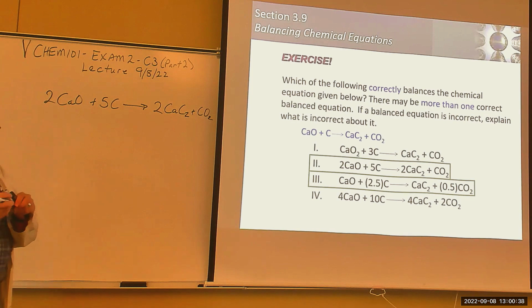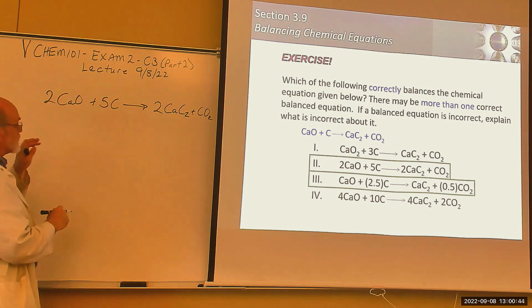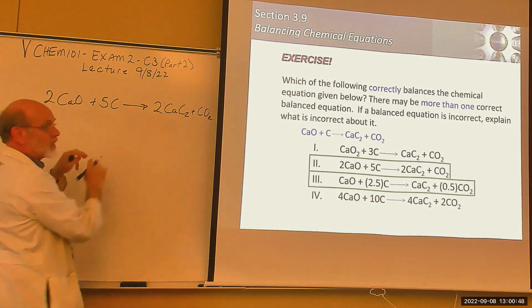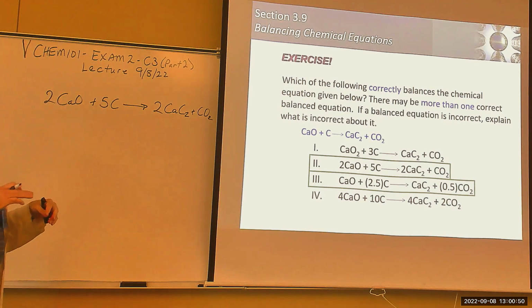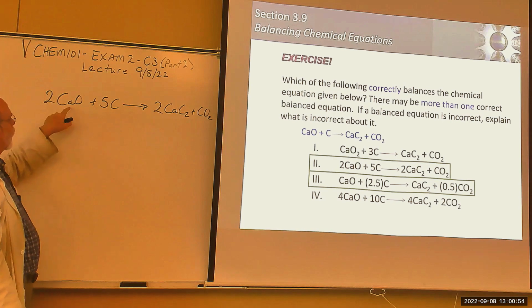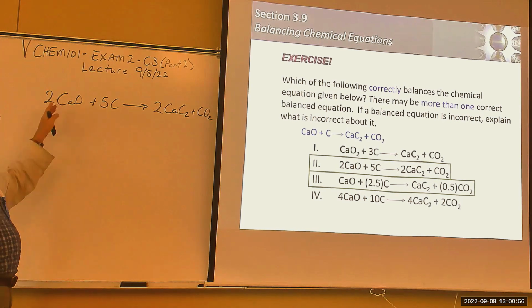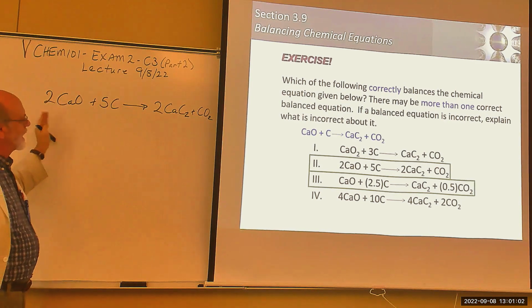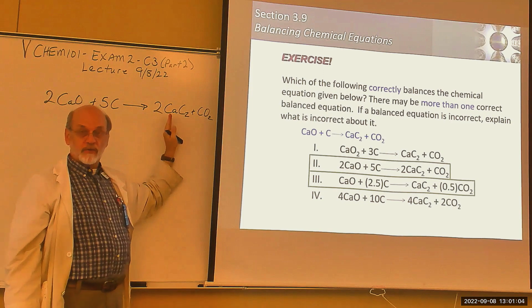It's important when we start doing calculations to become comfortable with the idea that the ratio of this calcium oxide to that calcium carbide is 2 to 2 or 1 to 1. So if we know, say if we have 4, and this could be molecules or moles, either one. If we have 4 moles of calcium oxide, how many moles of calcium carbide will we produce?